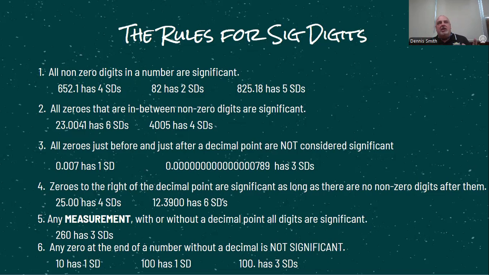If it's not put in, then those zeros are not significant. If the decimal point is in, then those zeros become significant. Like I said, it's confusing, it's crazy, it's nutty, crazy stuff, but it is what it is.